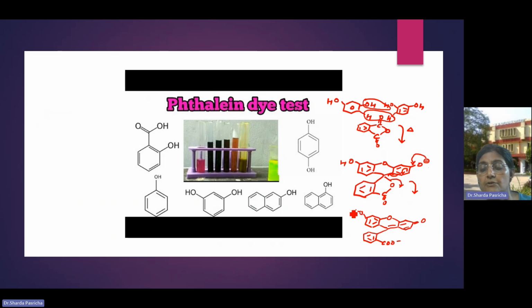That is the color, and this can resonate from this side also. The delocalization can take place here. So that is the chemistry of the test.